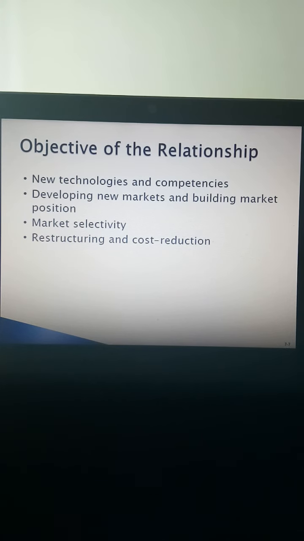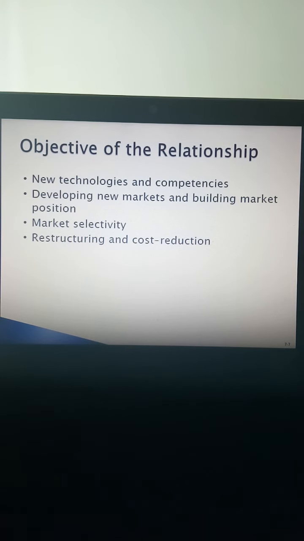Collaborations may be used to enter a new product market or to geographically expand a position in a market that already exists. So a firm has to think whether to develop new markets, build up and enter new market positions, or venture into geographically expanding a position in a market that already exists.